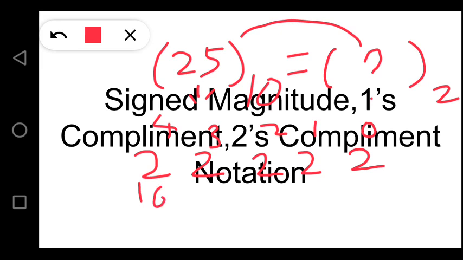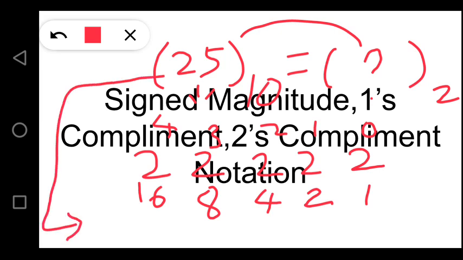So 2 power 4 means 16, 2 power 3 means 8, 2 power 2 means 4, 2 power 1 means 2, 2 power 0 means 1. Now I should represent this 25. Can I make 1 here? Yes. If I make a 1, I have represented the 16 quantity.